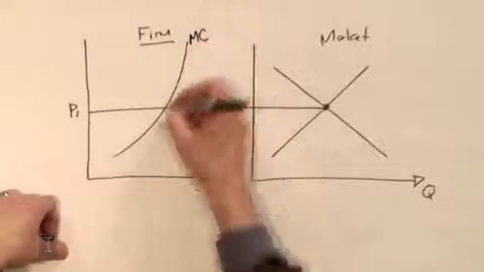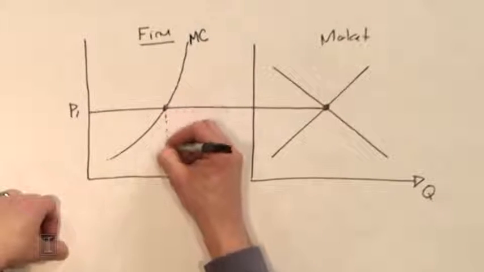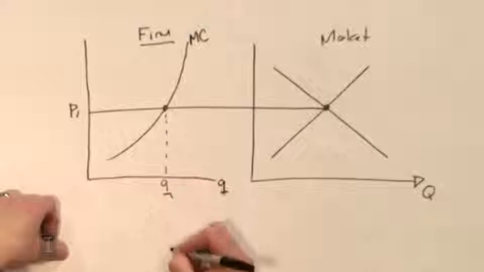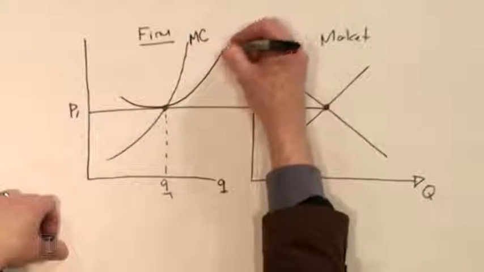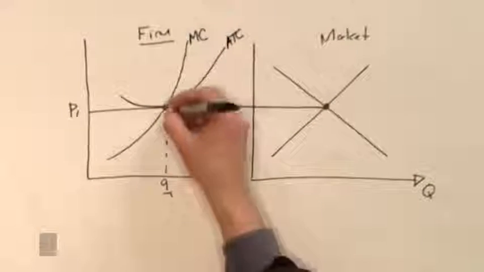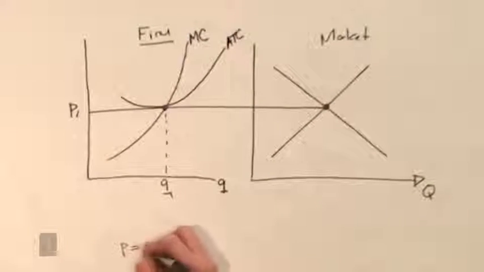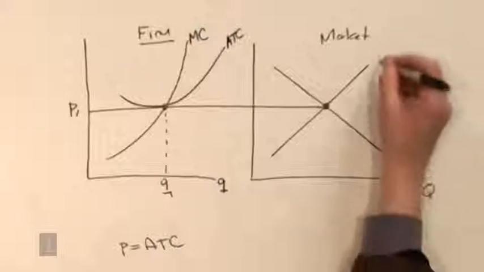They will produce a quantity of output where the marginal cost equals the price. So they will produce this much output. And we said that the initial point is a situation in which there's no profits, so that means that whatever the price is, the average total cost is the same. Price equals average total cost, so there's no profits to be made in this industry right now.